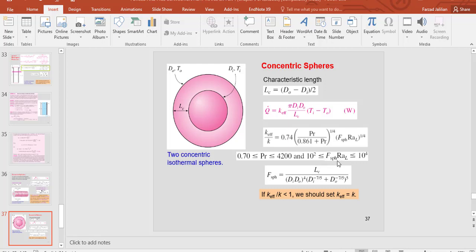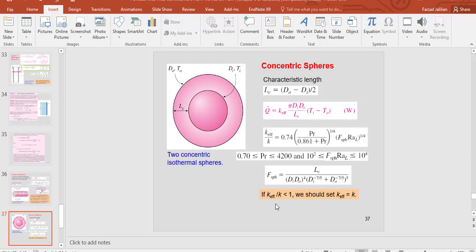How can you find this geometry factor for concentric spheres? By this equation. Again, it is the characteristic length divided by this relationship between the two diameters, and as you can see, it is only dependent on the geometries of the two spheres.